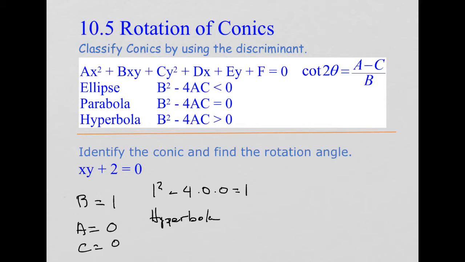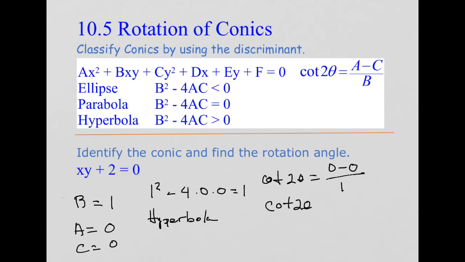Okay. Next we need to find the rotation angle, and we do that by using cotangent of 2 theta equals A minus C, and we already know that A is 0 and C is 0, over B, and B is 1. So cotangent of 2 theta equals 0.